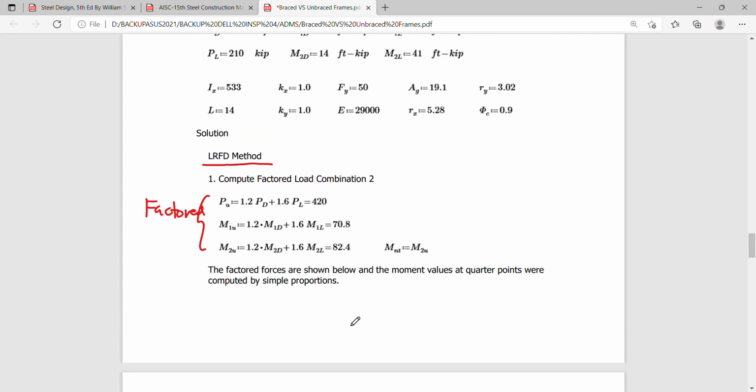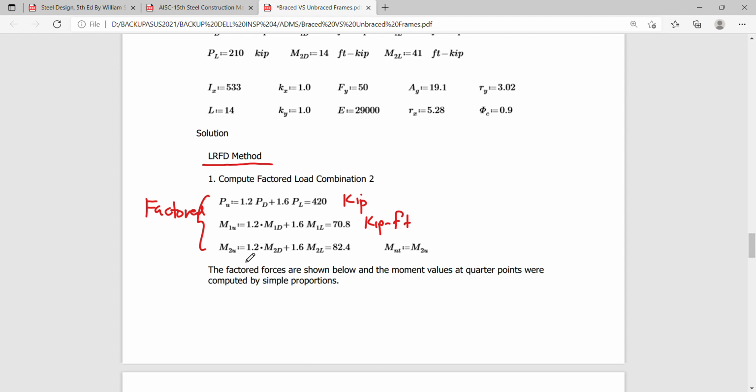Okay, so we have your load to be in kip, your moment here to be in foot kip. Okay, or kip foot. So you can interchange it.